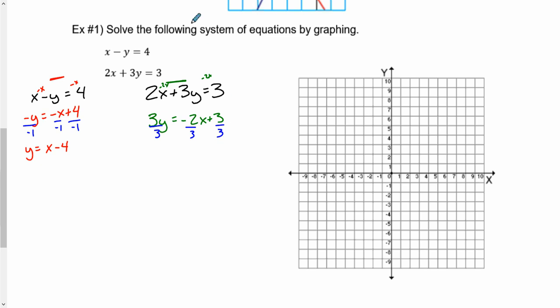If you're unsure of what we're doing there, I will get some things up, but we are trying to get everything into y equals mx plus b form, where the m is our slope and the b is our y-intercept. Continuing on, y equals -2/3 x, add 1.